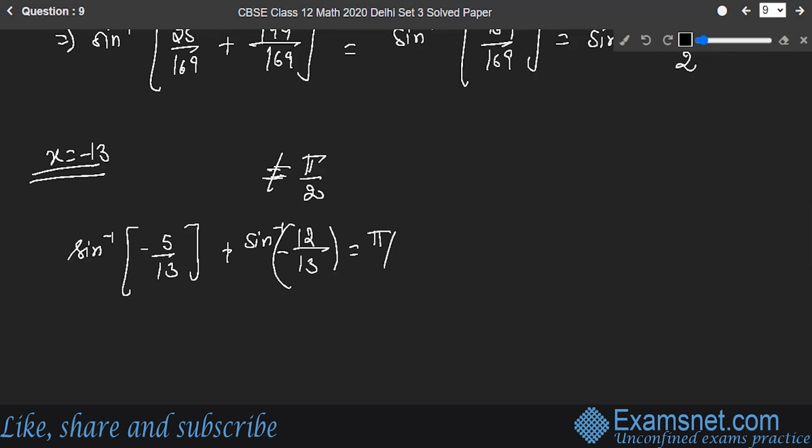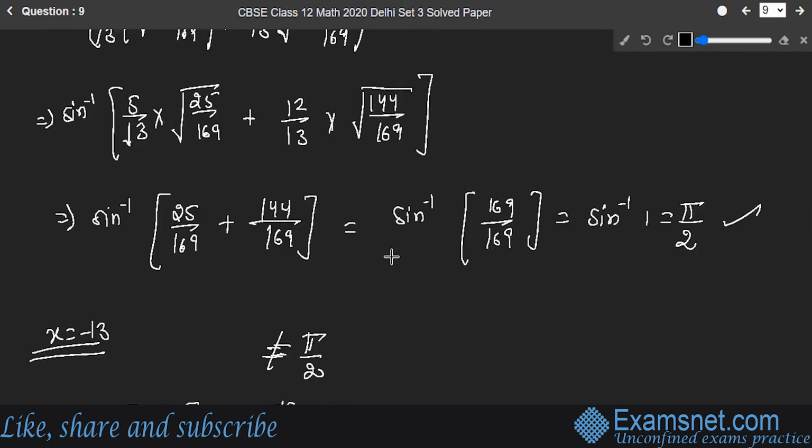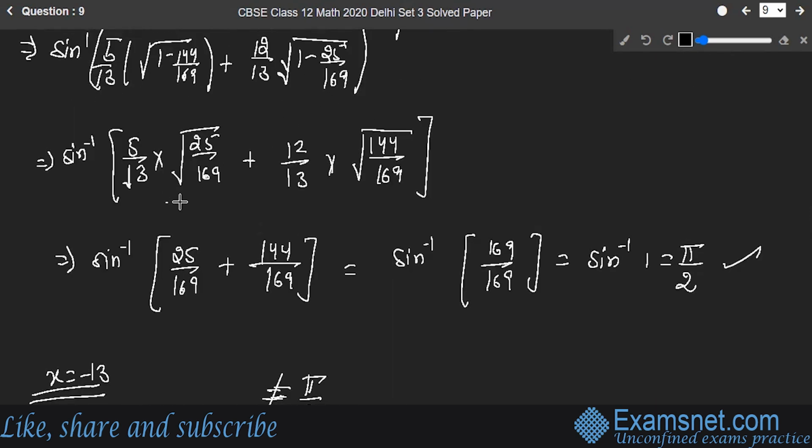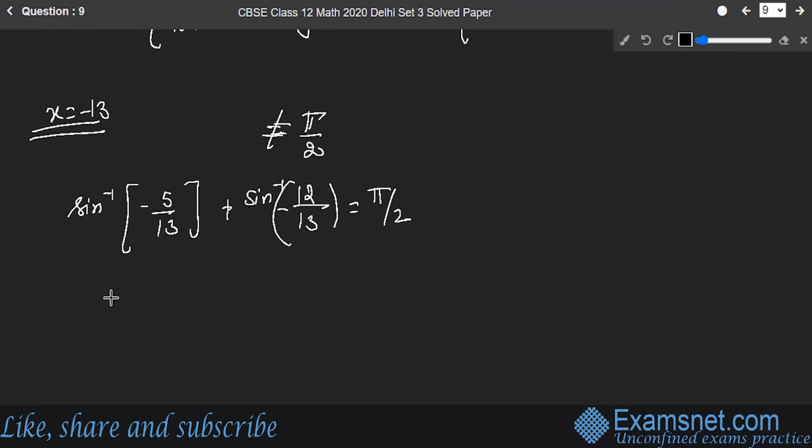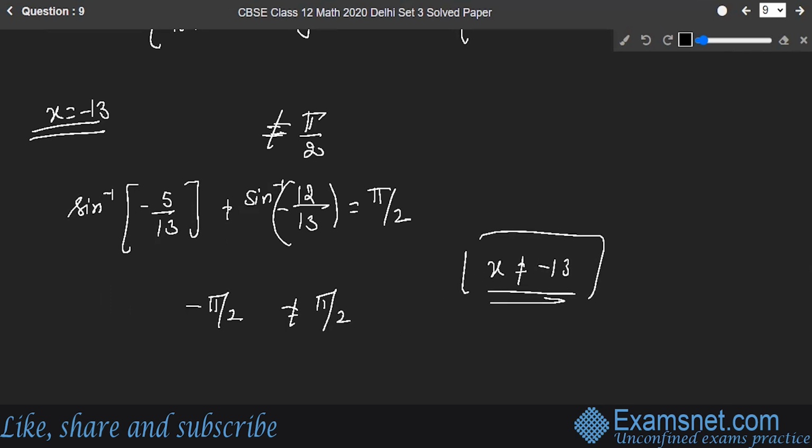This should be equal to pi by 2, right? See, all of these terms will come out to be negative. So the answer over here will be minus pi by 2, which is not equal to pi by 2. Hence, x is not equal to minus 13 satisfying this equation.